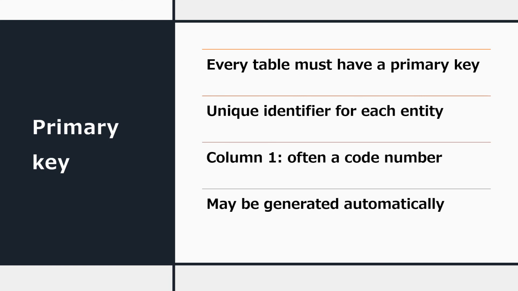This is called the primary key. It's usually a code number, and it's usually column 1 of the table. Quite often, the software, the computer, will make these codes automatically. So when you add a new customer, it'll just generate a customer number for them. And the primary key lets you identify each customer so that different customers with the same name don't get mixed up.